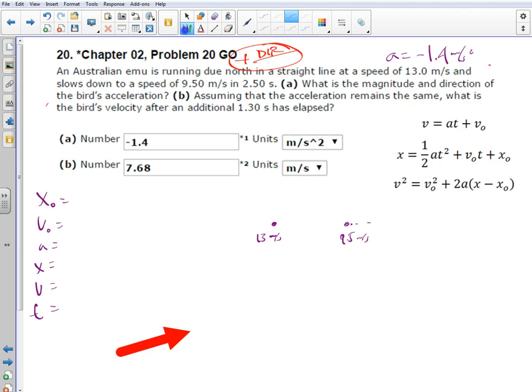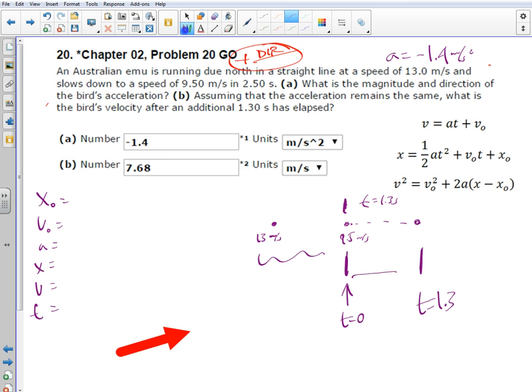Now he's going to keep going, and we want the velocity at some time later, an additional 1.3 seconds. So for me, I'm going to start the whole problem as if this is my t equals 0, and this is t equals 1.3. I could care less about this section. I'm going to deal with this second part.